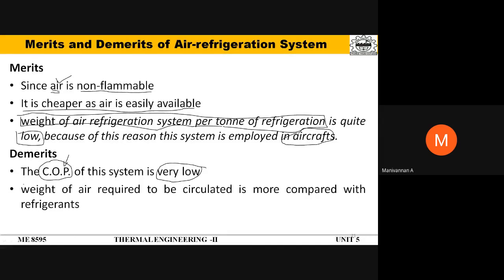And the amount of air required to produce the refrigeration effect: to produce 1 ton of refrigeration, what is the mass of air required and what is the mass of refrigerant required? The mass flow rate of air to be circulated will be comparatively higher than that of the refrigerant. These are the two major drawbacks of the air refrigeration system.